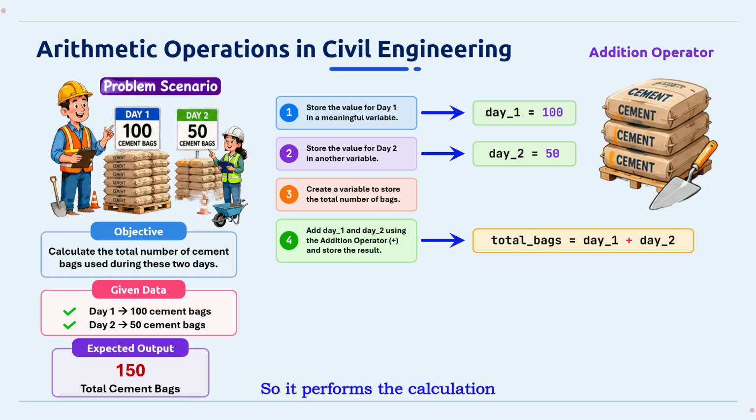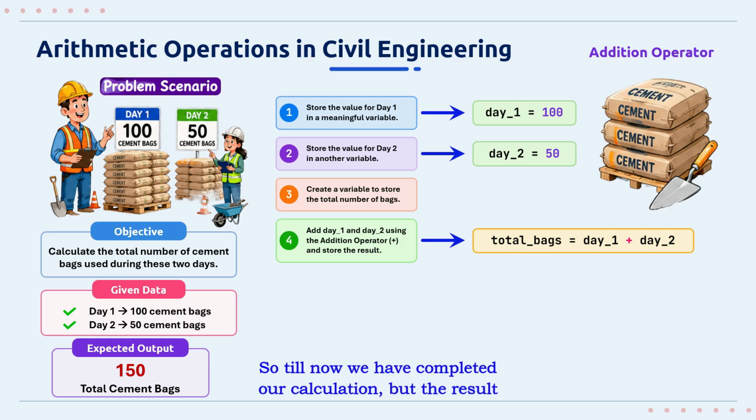So it performs the calculation. 100 plus 50 equals 150. Finally, Python stores the result 150 inside the variable total_bags. At this point, the variable total_bags contains the value 150.